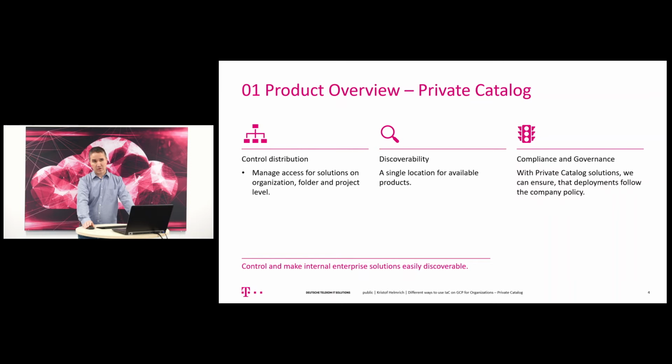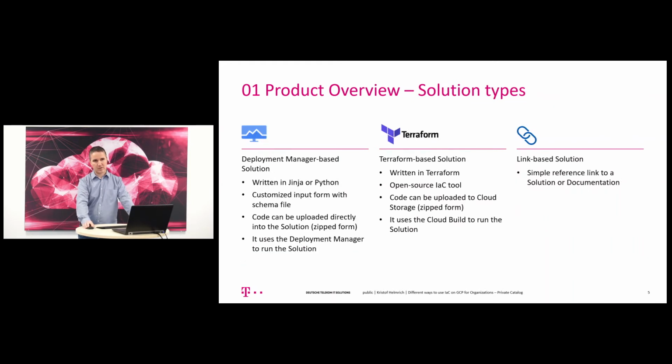And with the private catalog, we can make sure that all the company restrictions in regard to compliance and governance can be followed. There are 3 types of solutions available in the private catalog. First, the Deployment Manager-based solutions, which can be written in Jinja or Python. They can be customized with schema files, and the code can be uploaded directly to the solution.